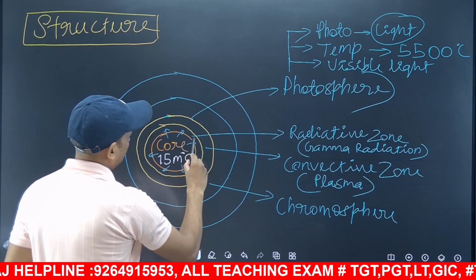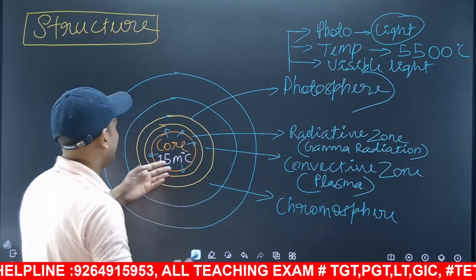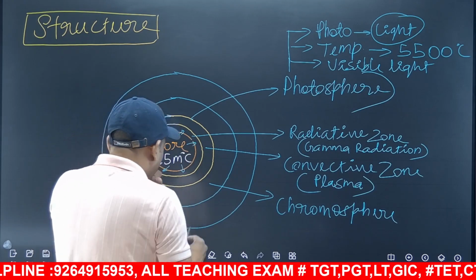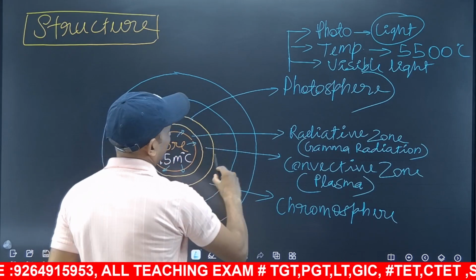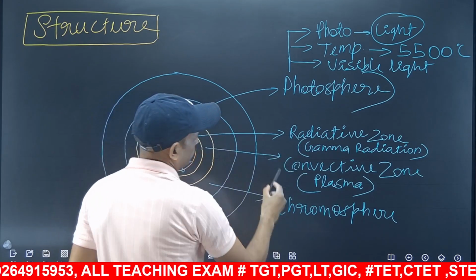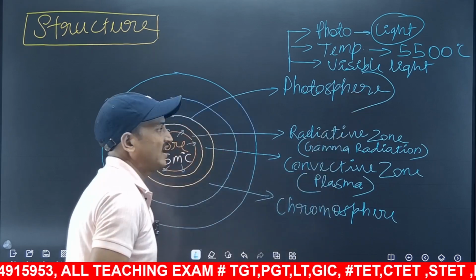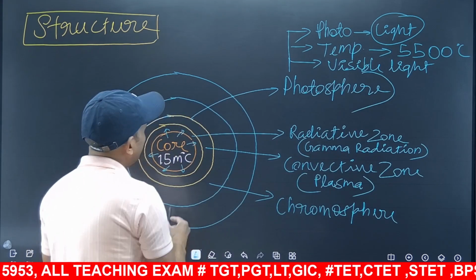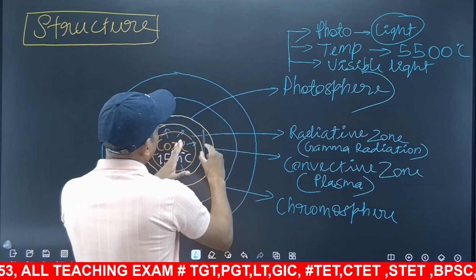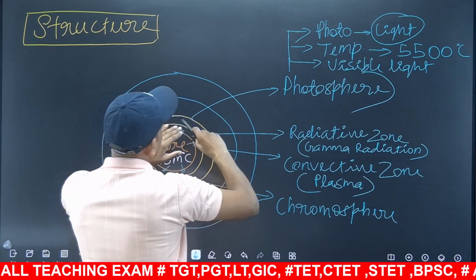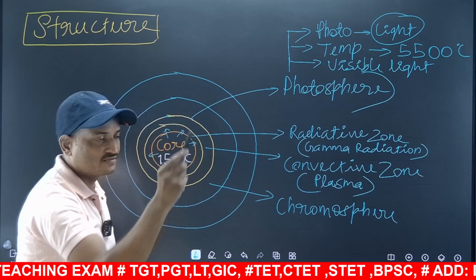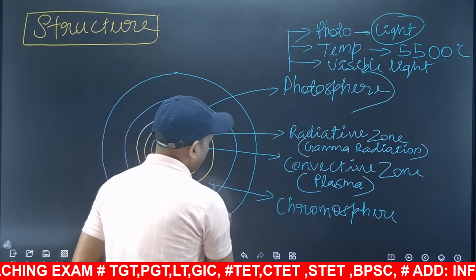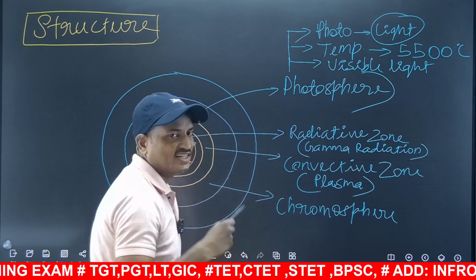Then it reduced to a few million degrees Celsius in the radiative zone. Then again it reduced to a few thousand degrees Celsius in the convective zone. Then in the photosphere the temperature is around 5500 degrees Celsius. But again it starts rising when we approach the atmosphere of the sun. So when we come to the chromosphere, the temperature again rises.